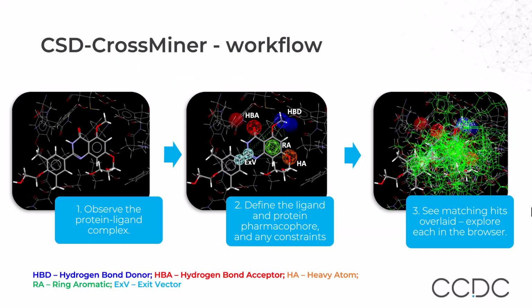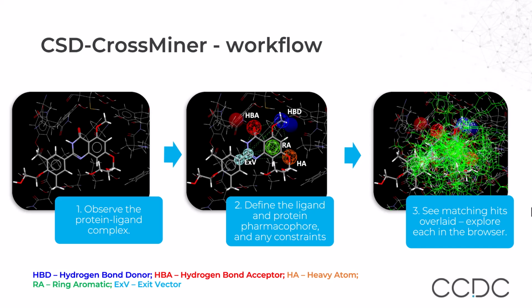As I've mentioned, CSD-CrossMiner is a very powerful tool which allows you to solve many different problems. But during our demo and during your hands-on material, you're going to take a look at a very common workflow when you have a protein-ligand complex and you know that your ligand binds to the target, but you are not really happy with its properties.